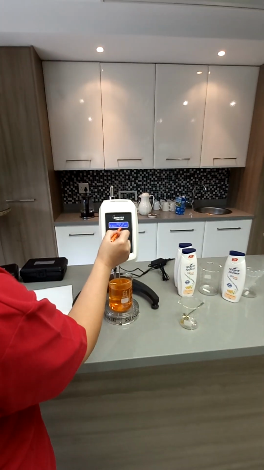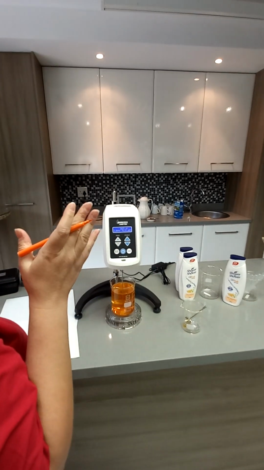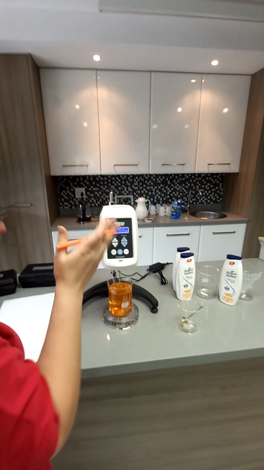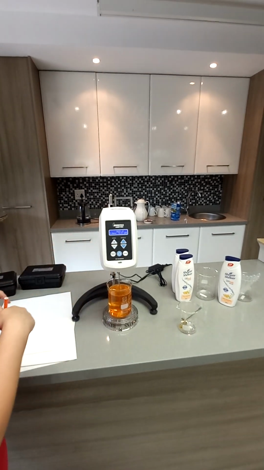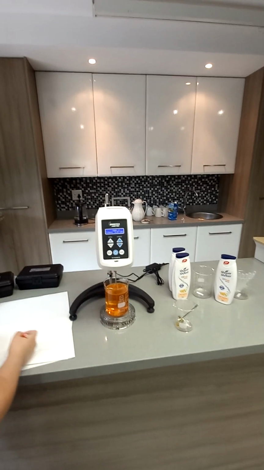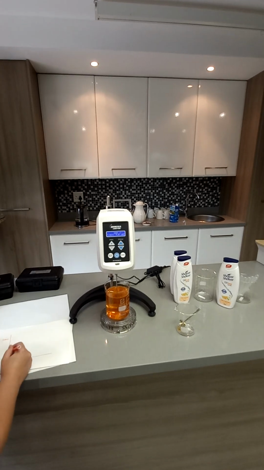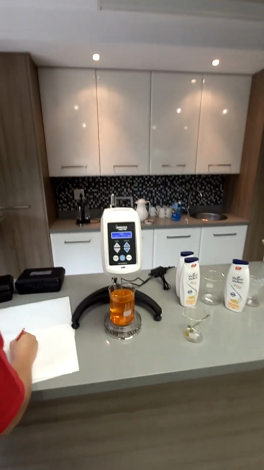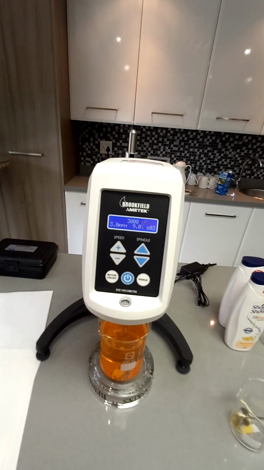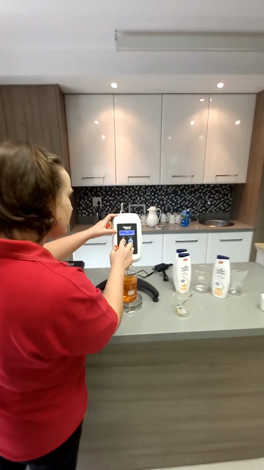The torque, that percentage reading: for accuracy, you shouldn't take values where the torque is below 10%. Anywhere between 10 and 100 is fine. But I'm going to note that value down at 3 RPM. Okay, let's up the speed.